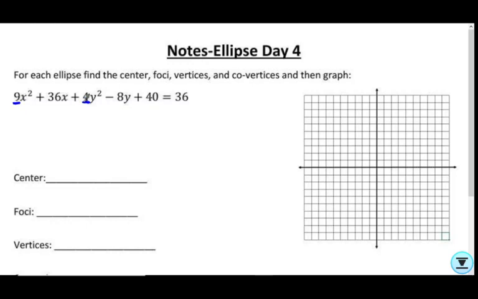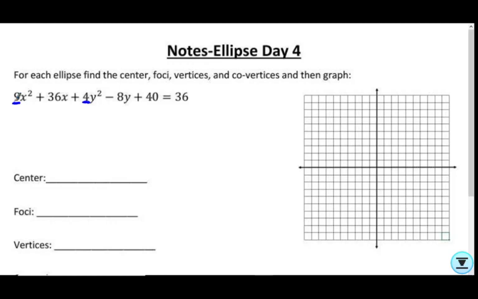If there's only one of them, you know you're dealing with a parabola. So if it's missing an x squared or a y squared, you're dealing with a parabola. If both x squared and y squared are there and the coefficients are the same, then you're dealing with a circle. If one of them is negative, you're dealing with a hyperbola. But since in this case they're both positive, we're dealing with an ellipse. There's a classification chart at the top of your formula chart that helps you with that.